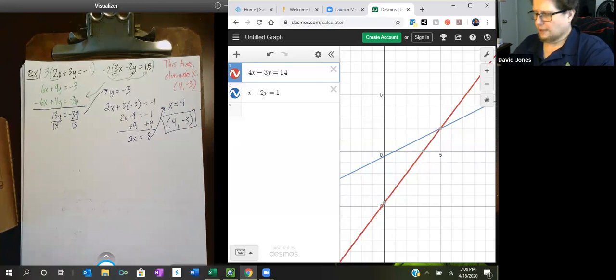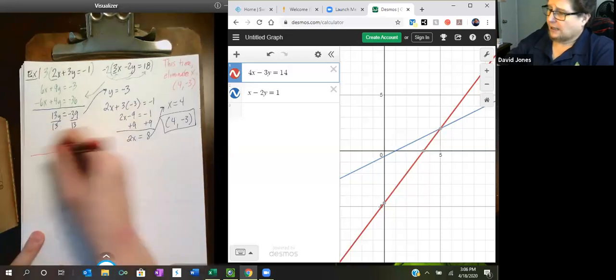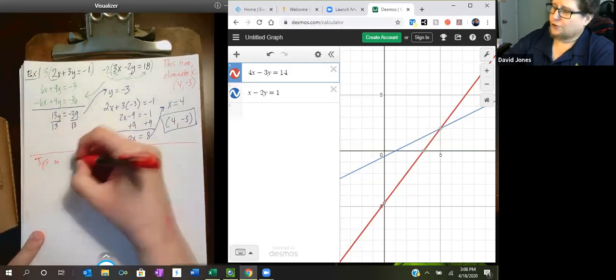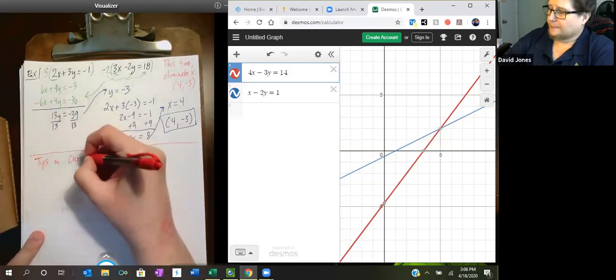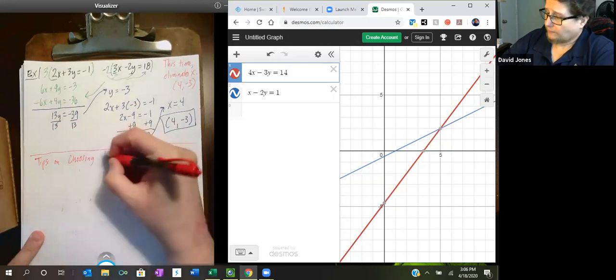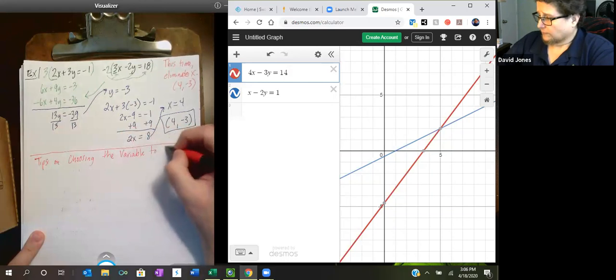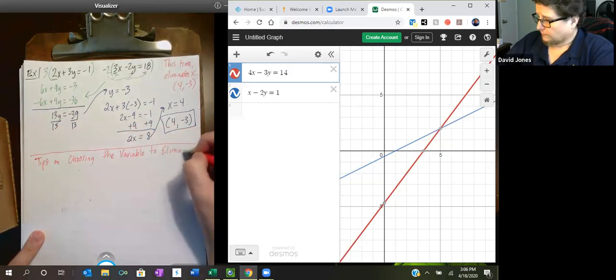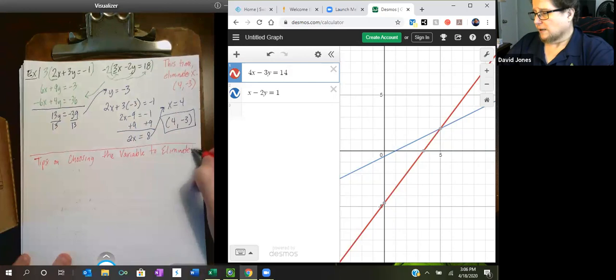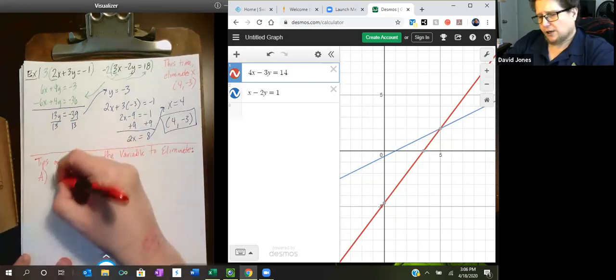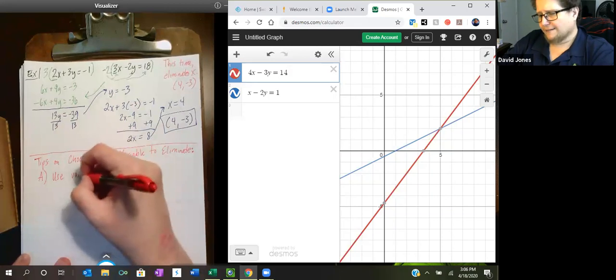Okay. So how do I choose which variable to eliminate? Tips on choosing the variable to eliminate. One option, as I did in this one, is to use variables that already have the opposite sign.